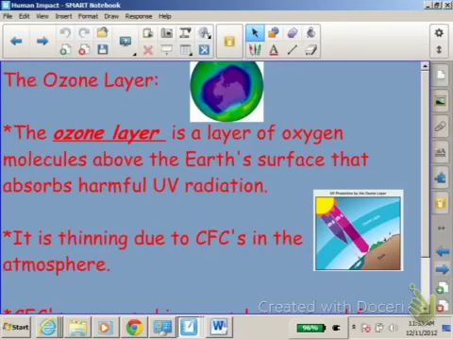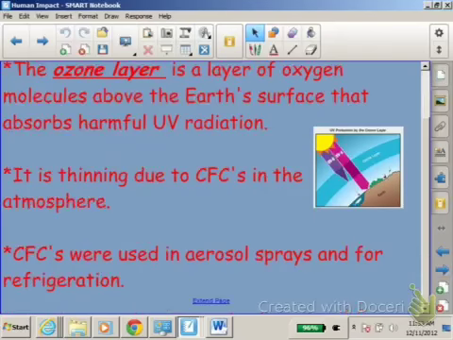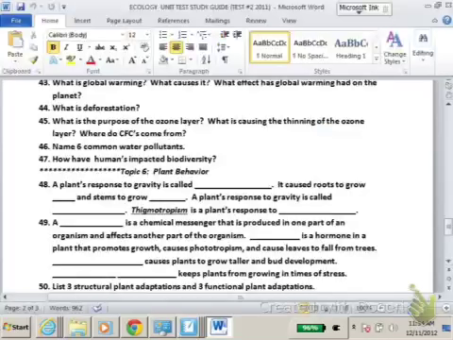It is thinning, and it's because of CFCs that can be found in aerosol cans, styrofoam, and Freon that can be found in refrigerators and air conditioners. But we also talked about how this is actually being reversed a little bit. The hole in the ozone layer is getting smaller because we've taken these CFCs, or chlorofluorocarbons, out of these substances that we use today.